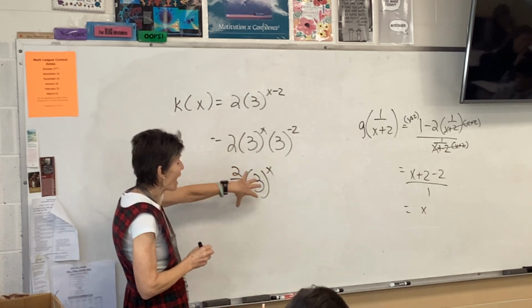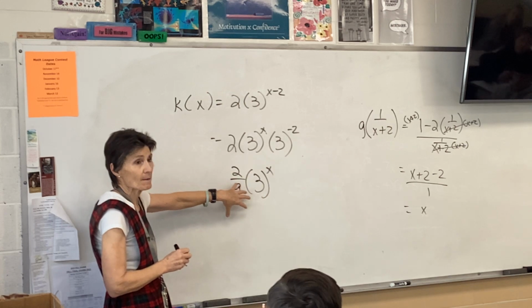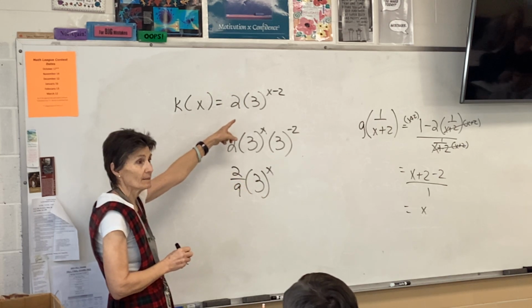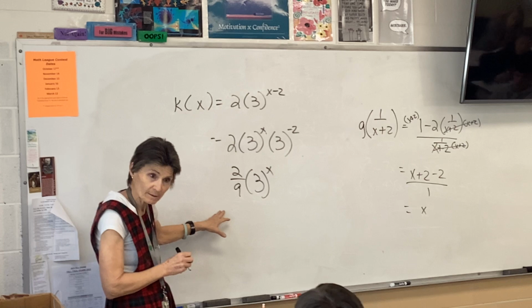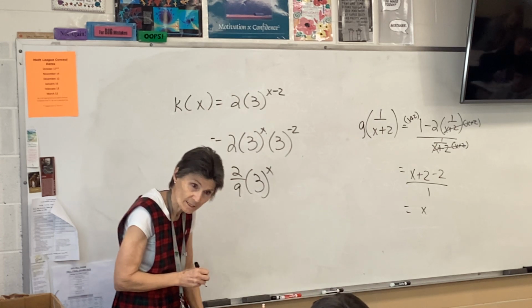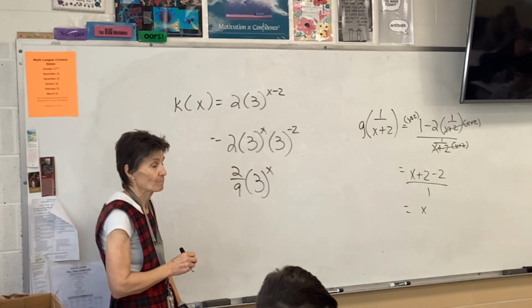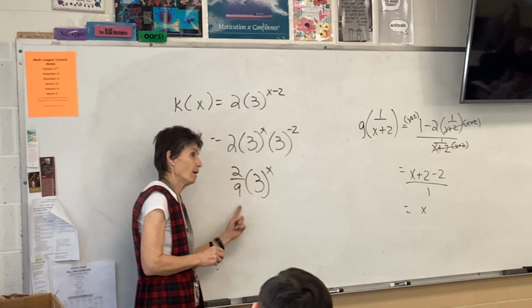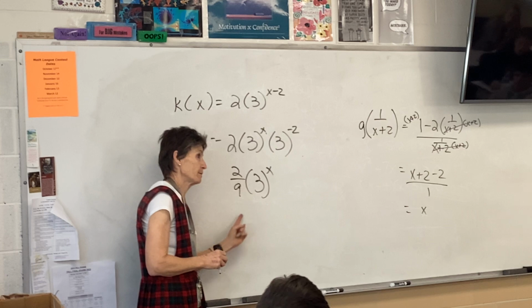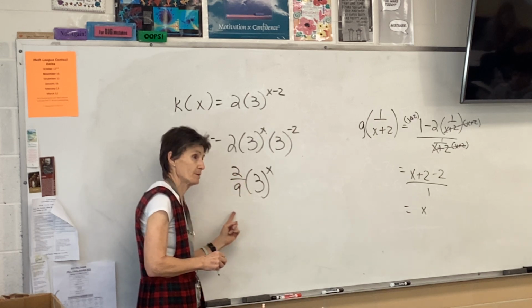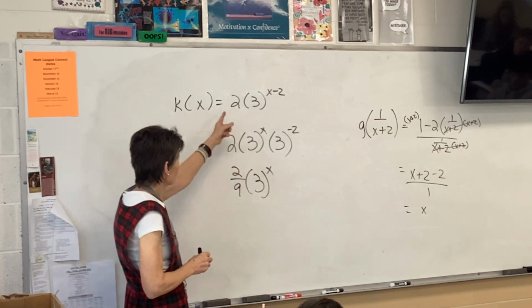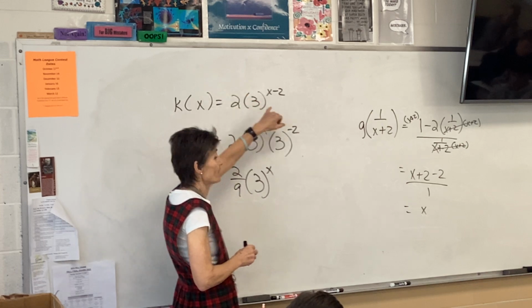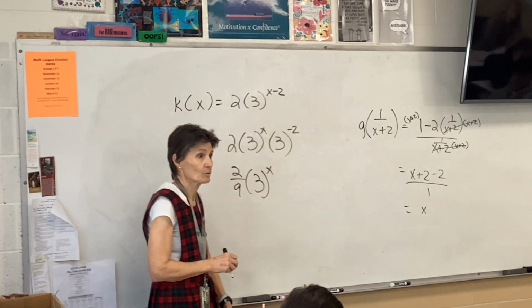Now, is that going to be the same picture as that? Yes, only now it's written without the translation. What's this? That's a vertical dilation. The original problem had a vertical dilation and a horizontal translation.